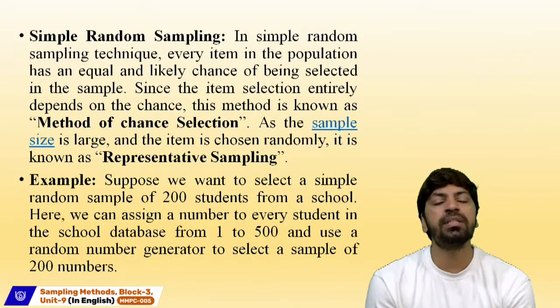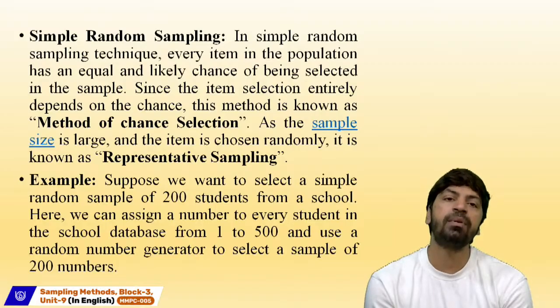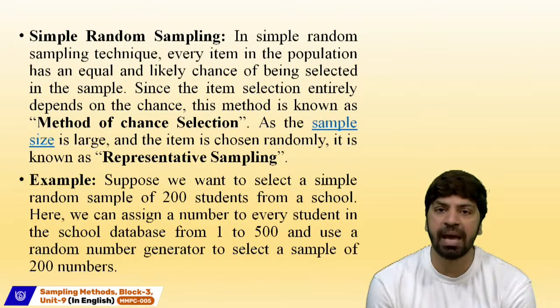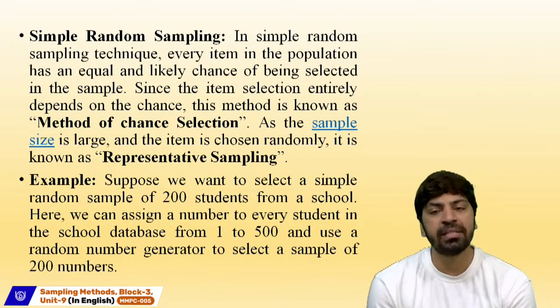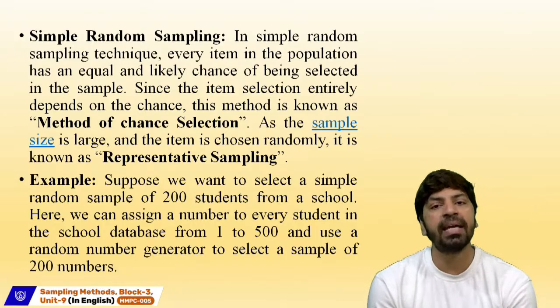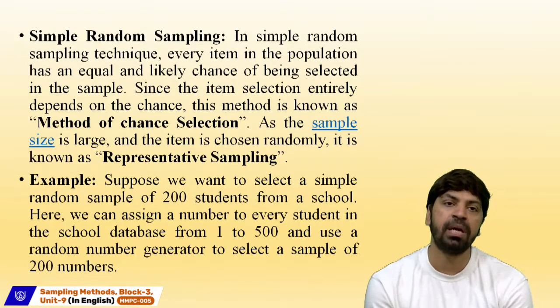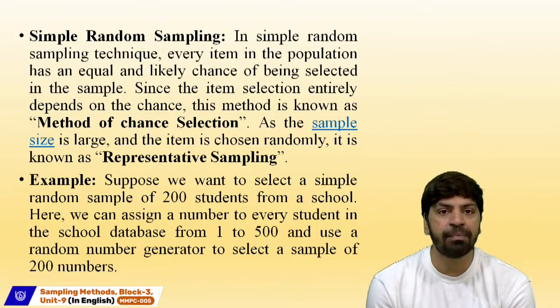So the first technique of the random probability methods is simple random sampling. In this particular method, every item in the population has an equal chance of being selected in the sample, and that is exactly called simple random sampling.